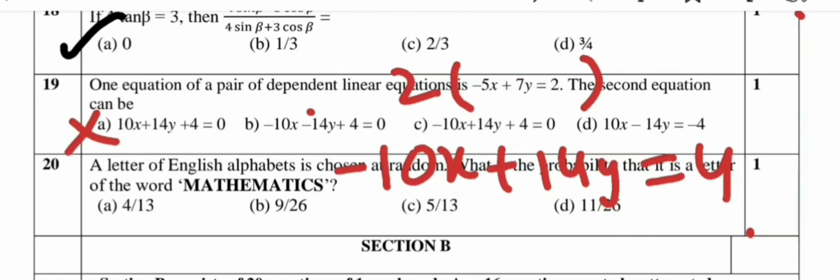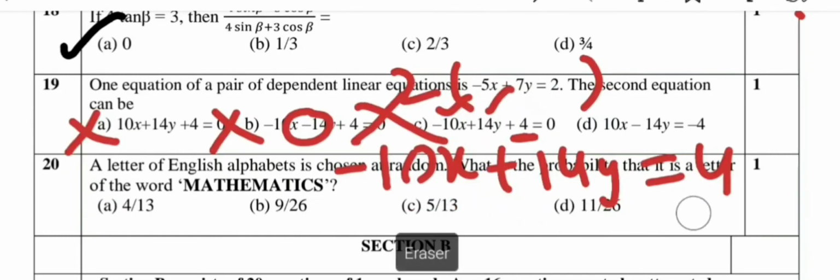Now let us try, can we find this type of equation in any of the options? If we see option A, no, all the terms are positive. Option B, here a negative sign has come, so we will reject this also. Option C, these two terms are okay, but here we have plus 4 on the left side, but we should have it on the right side. So this is also incorrect.